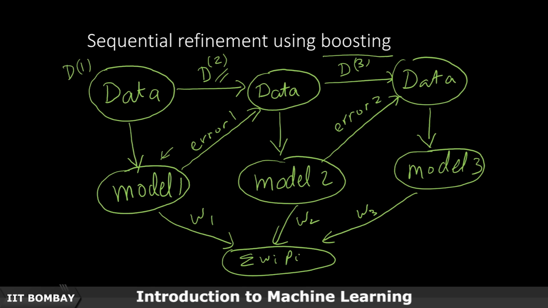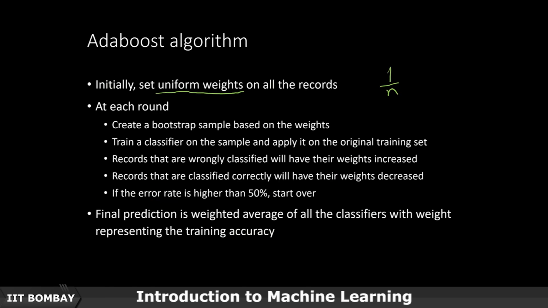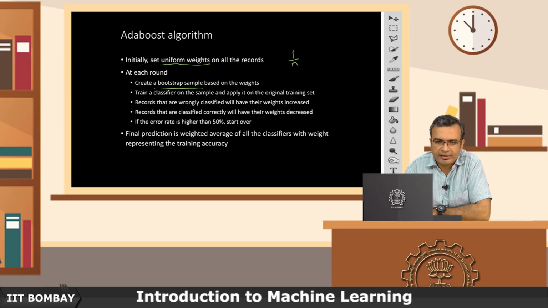So in each round when we are training the model, we will create a bootstrap sample based on the weight. So bootstrap sample means we will take a subset of the data samples and we will compute the weights for these samples. We will train a classifier based on this sample, and we will apply it to the original training data set.